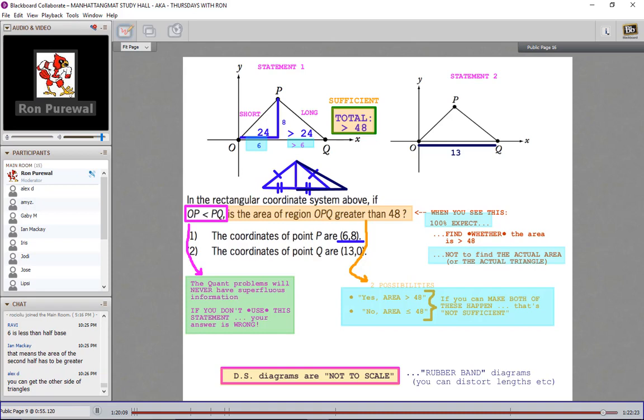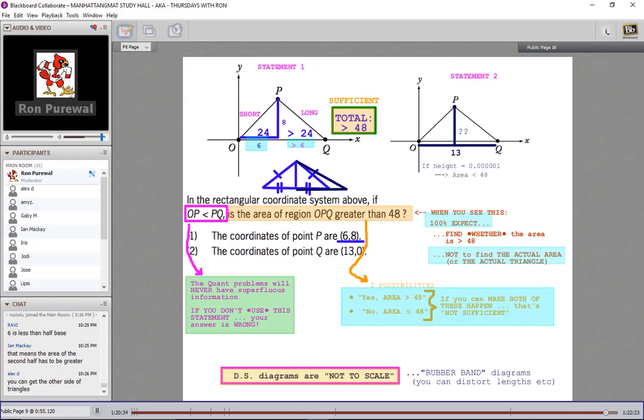So this height could be absolutely anything in the whole world. If this height is 0.0000001, you don't need to calculate that. You can see pretty easily that the area is going to be less than 48.